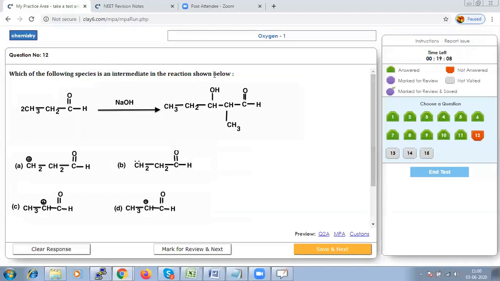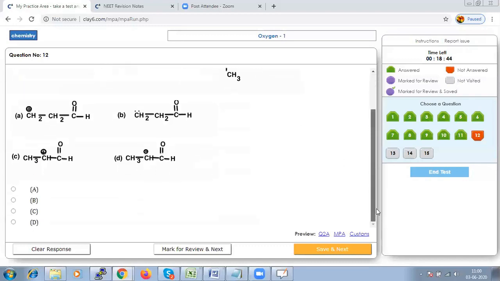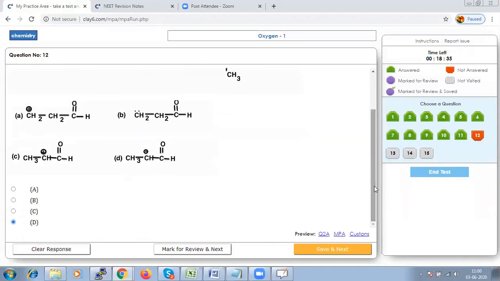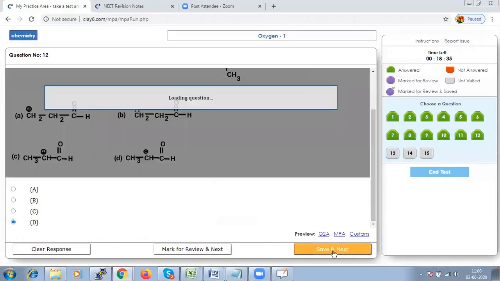It is a well-known fact that the above reaction is nothing but aldol condensation, and in this reaction you are using a base, NaOH, which will take the alpha hydrogen to give the product CH3CH, C double bond O H. So option D should be our intermediate, and finally it will give the complete product. So we can save that and go to the next.